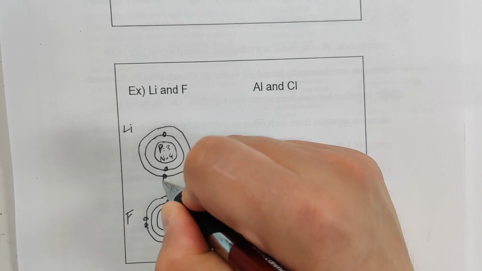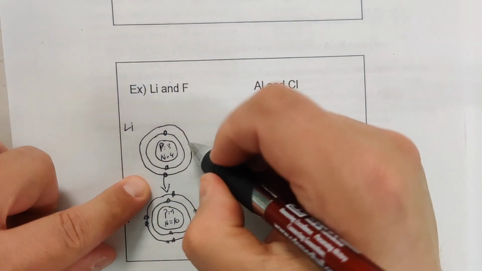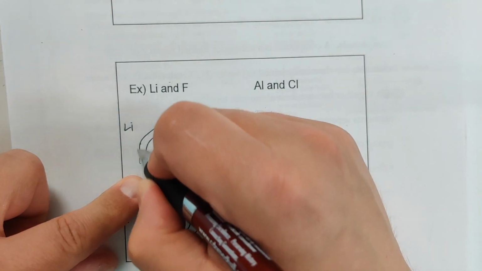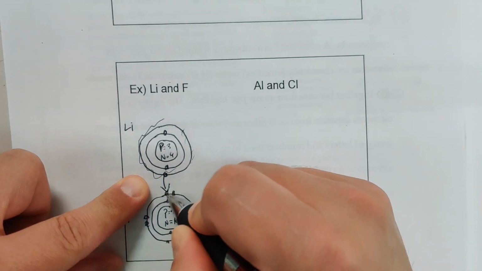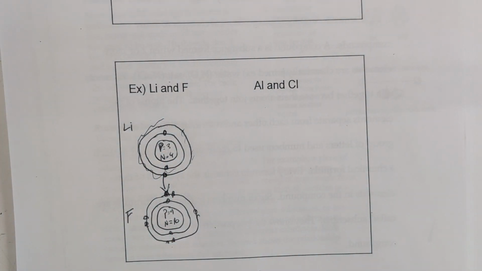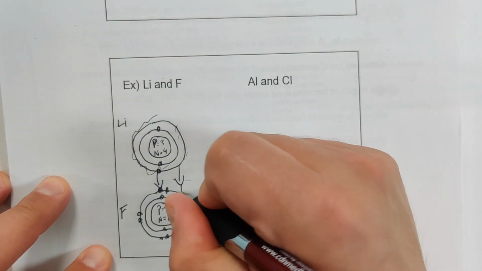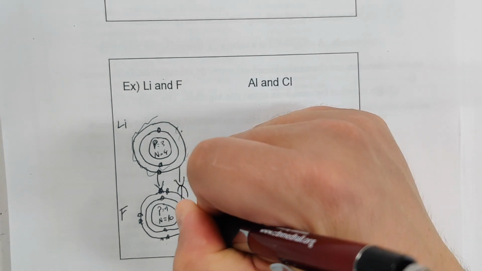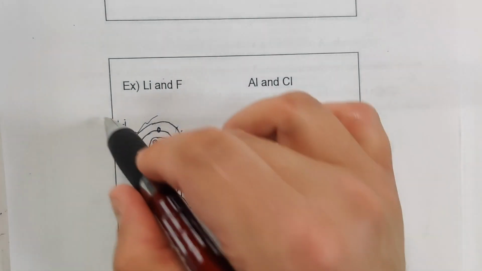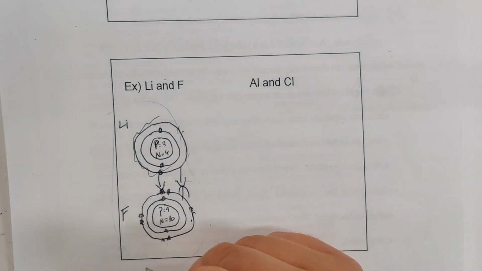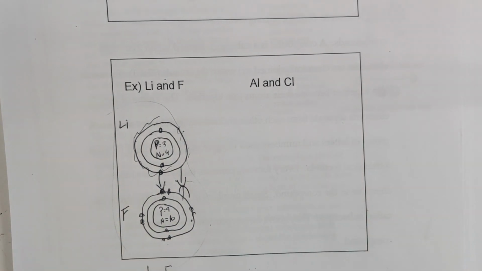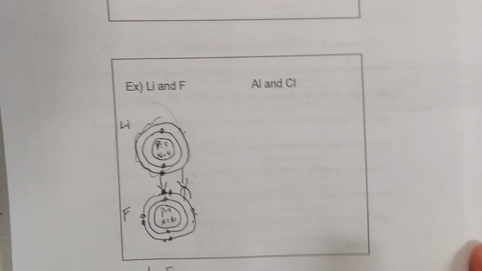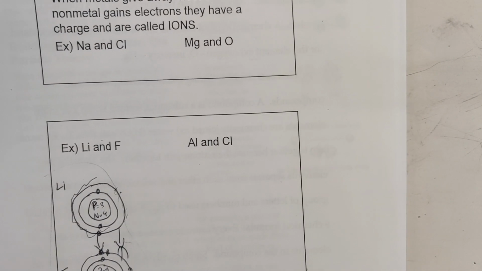And lithium will give its electron so that this shell gets eliminated because it loses it. And this shell now gets a full amount of electrons. And they now want to stick together. The metal has given to the nonmetal. This is an ionic compound now, LiF.